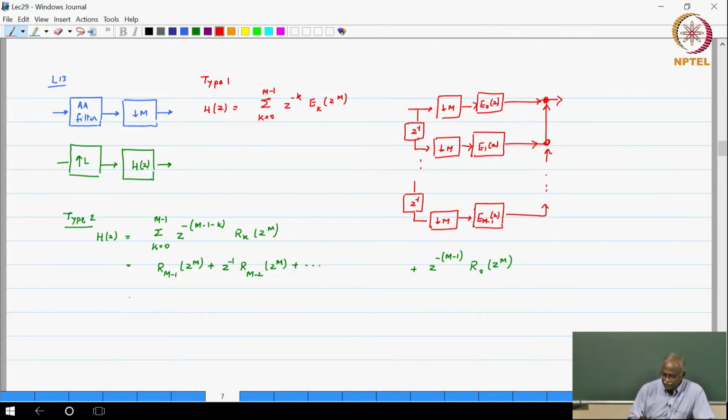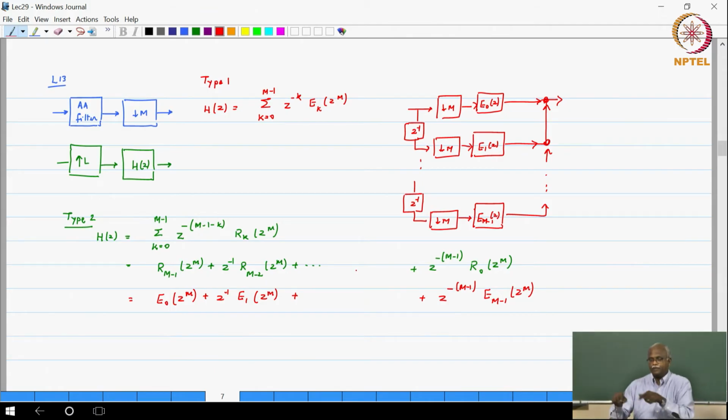Now, if I were to just write down the type 1 polyphase decomposition, this would be E_0(z^m), z^{-1} E_1(z^m), dot, z^{-(m-1)} E_{m-1}(z^m). Okay. So, actually you can then map the equivalences between the polyphase components.